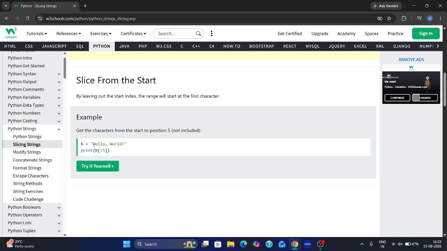So our answer is this: H is the 0 character. 0, 1, 2, 3, 4. You don't have to include 5. Please note this down also. This is our ending, so you don't have to include it.